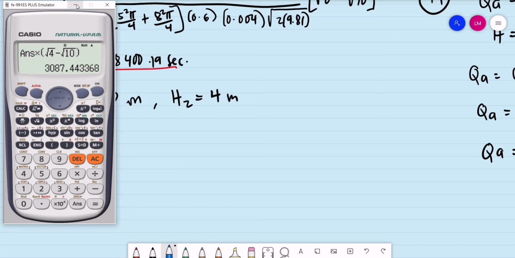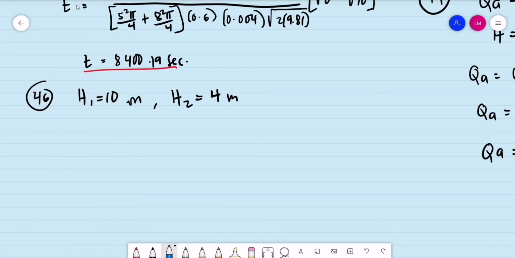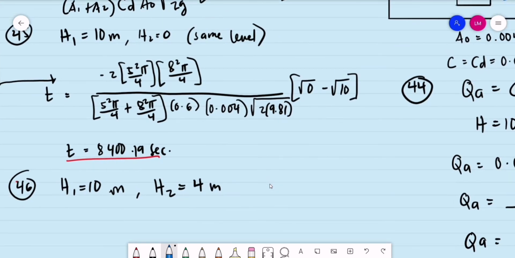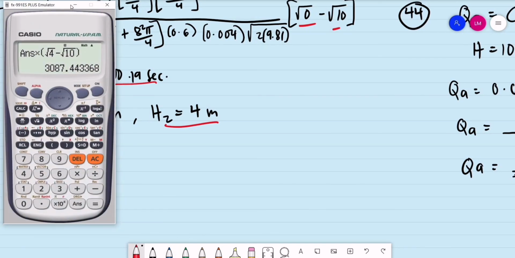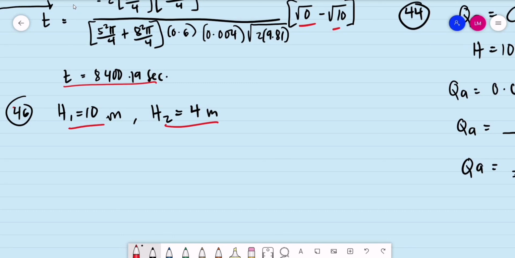Okay, that is equal to 3,087.44. So, the same lang dito. Pinalitan lang natin ng 4 meters. Then, ganun pa rin yung initial head, 10 meters. So, we have the time is 3,087.44.